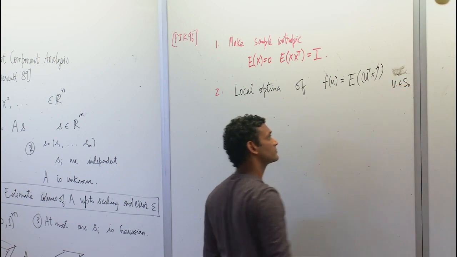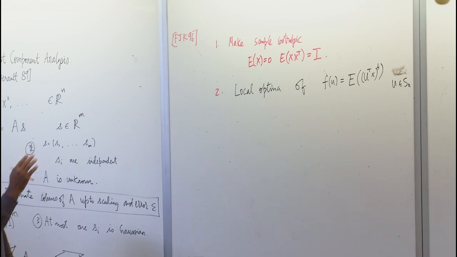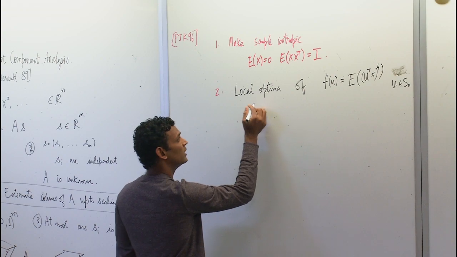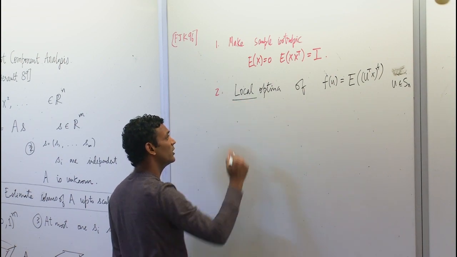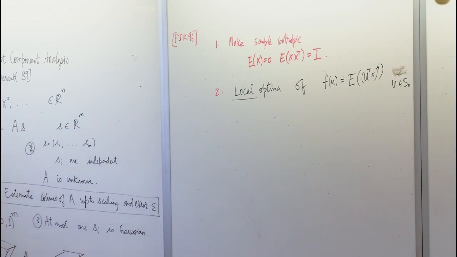Over unit vectors, find local optima of the function f of u. In general, this function is hard to maximize or minimize, but because we're talking about local optima, in principle you could do some kind of gradient descent and get an approximate local optimum. You still have to worry about the number of steps and so on, but they did that.